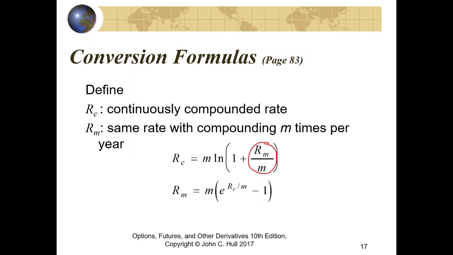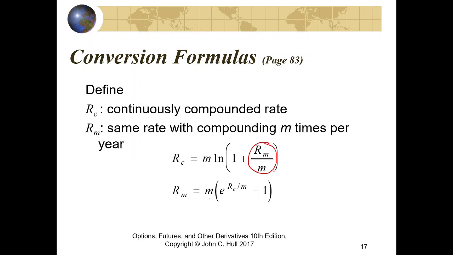Now, if I have a continuously compounded rate and I want to find the discrete rate that is equivalent to this continuous rate, then I can convert it using this formula. Let's assume I want the rate that is semi-annually compounded, an APR rate that is semi-annually compounded.